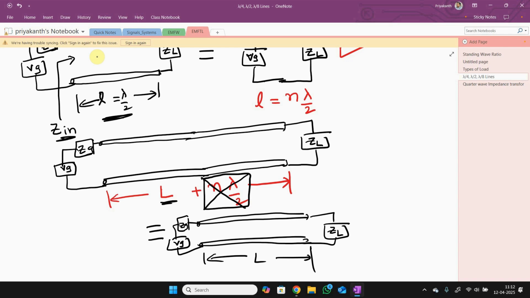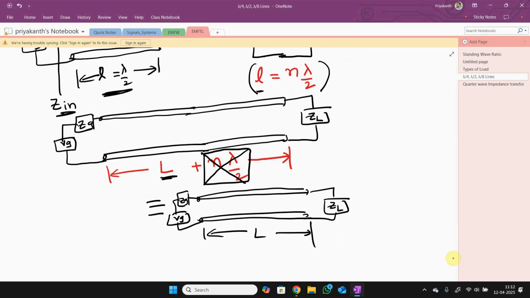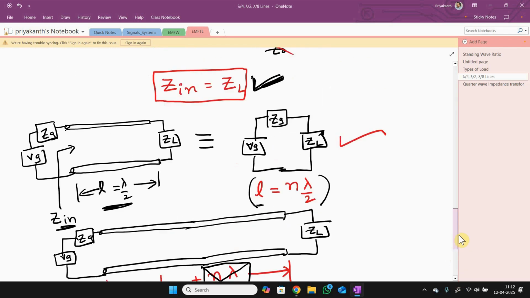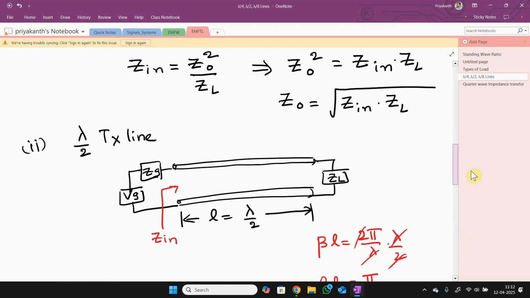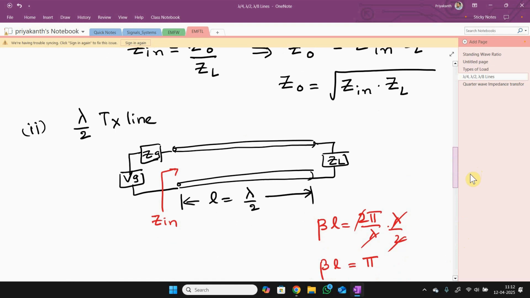A length of L is enough to connect the source to the load properly. That is, you are saving resources of a length of n lambda by 2 without spending money on it. You can simply go for L.